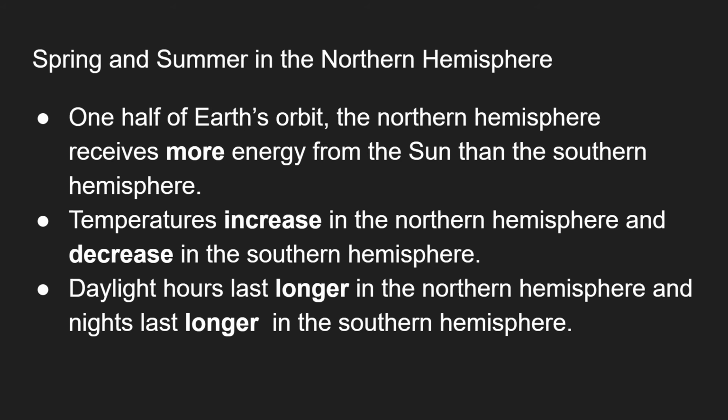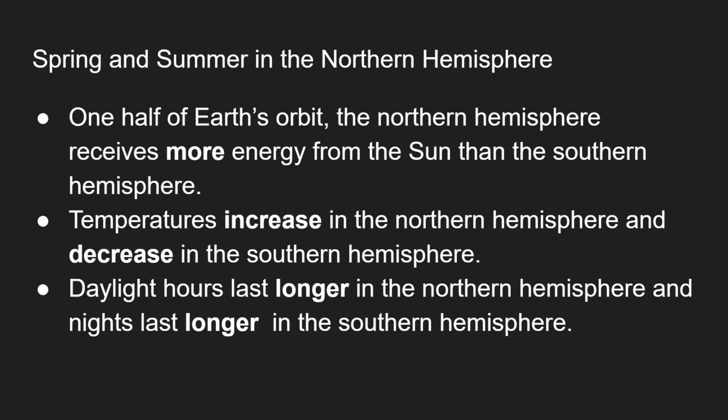So during the spring and summer, the northern hemisphere is getting more sunlight, so we're getting higher temperatures, which is why we're in spring or summer. Daylight hours last longer in the northern hemisphere, and nights last longer in the southern hemisphere.